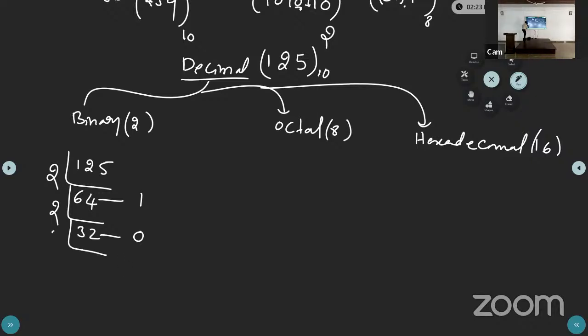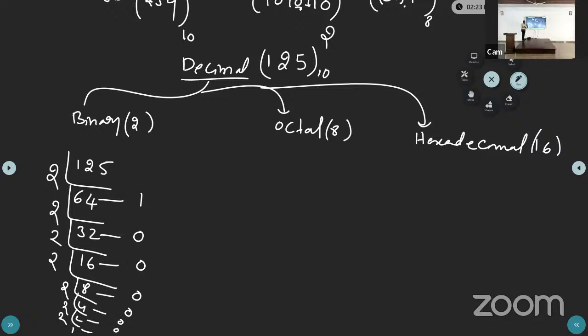Next 2 8s are 16, the remainder is 0. Next 2 4s are 8, the remainder is 0. Next 2 2s are 4, remainder is 0. 2 1s are 2, remainder is 0.